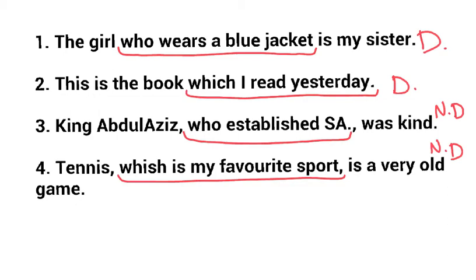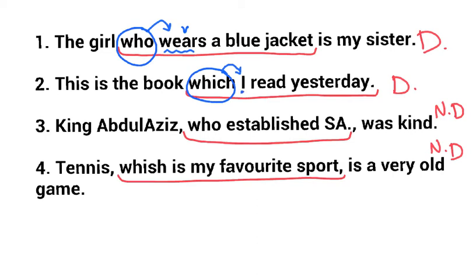Now, you look at the first two because they are defining. We can omit who or which if there is a noun or a pronoun after them. So here we have who. Now, what comes after who here? We have a verb, wears. So here, no, we cannot omit who. Number 2, the relative pronoun here is which. Now, what comes after it?